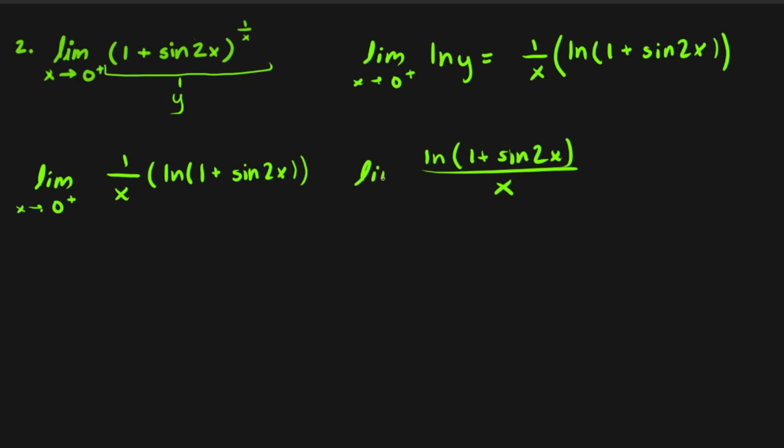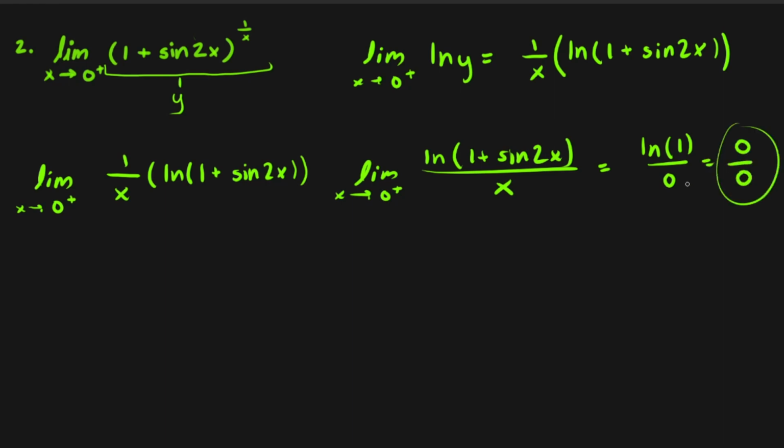Move the limit here. So let's plug in 0 and see what we get. Sine of 2 times 0 is 0. So sine of 0 is just 0. So we're going to have ln of 1 over 0, and ln of 1 is 0, so we'll have 0 over 0.